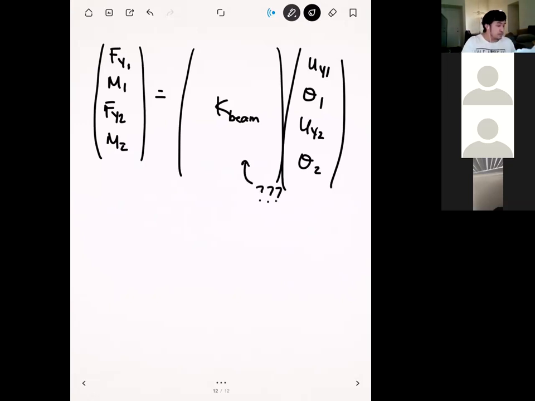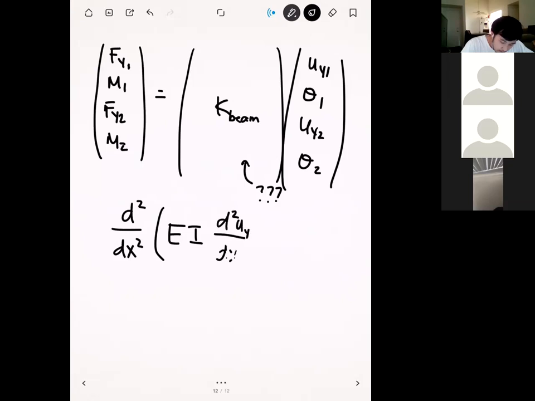Our starting point is going to be the beam equation. You might have seen this in a previous structural mechanics class. Our beam equation looks like this: the double derivative with respect to x of E, which is still our Young's modulus, multiplied by I, the moment of inertia of the cross section of the beam, multiplied by the second derivative of the transverse displacement.